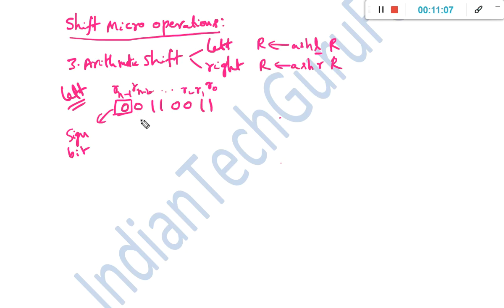This 0 will come here, this 1 will come here, 1 0 0 1 1, and in the least significant bit we are going to fill with a 0.